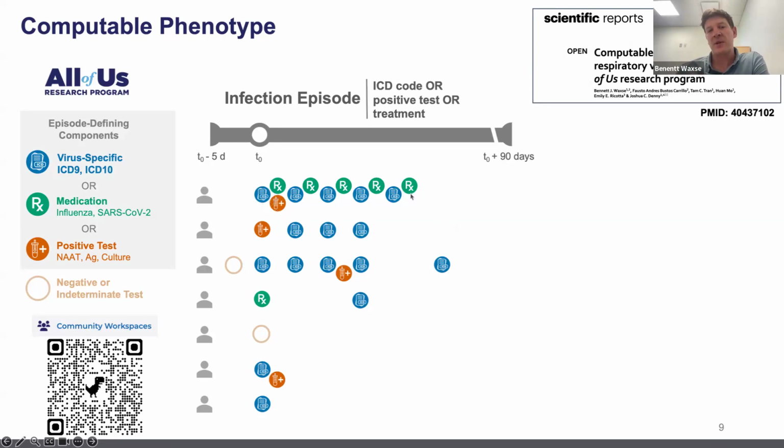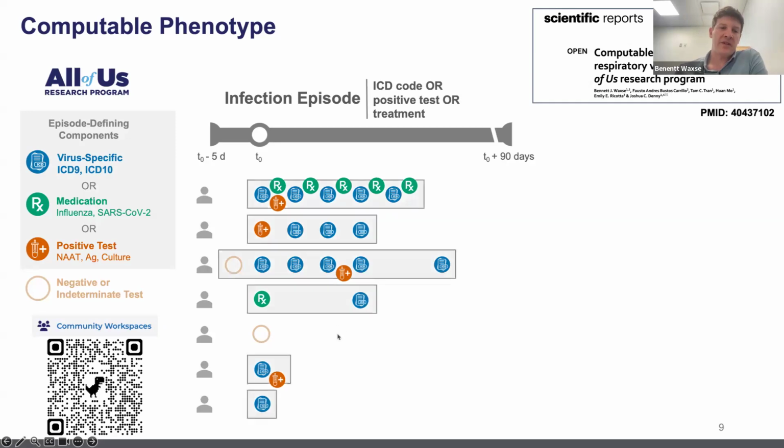And then for 4 subsequent days, they got an ICD code and a medication. And that would make sense, for instance, for influenza, where we treat for 5 days, you might be hospitalized for 5 days, et cetera. And then this person, so their negative test did not count as a time zero, so it comes before, but later they got some ICD codes in, and sure enough, they did have a positive test later. And so what I've shown here in the gray boxes is how we define episodes.